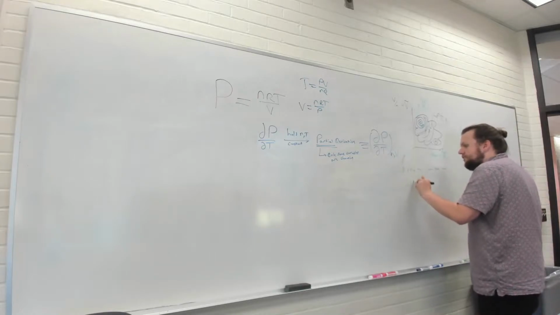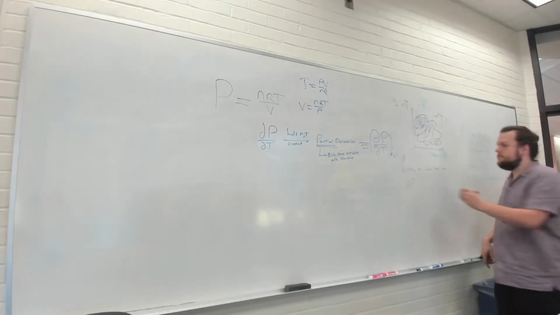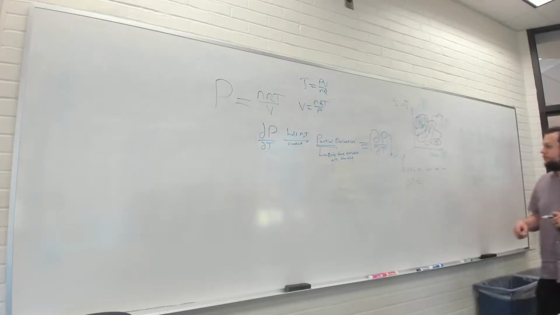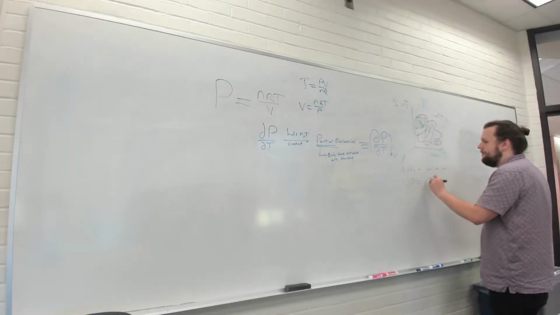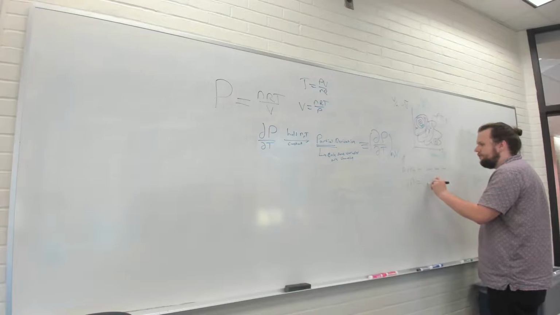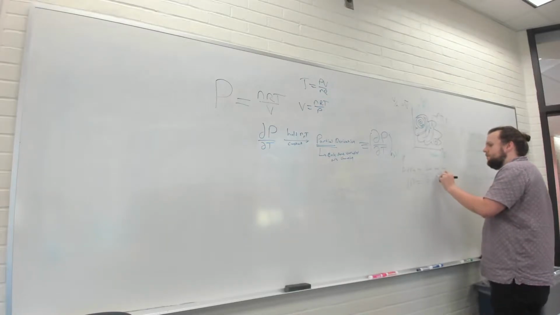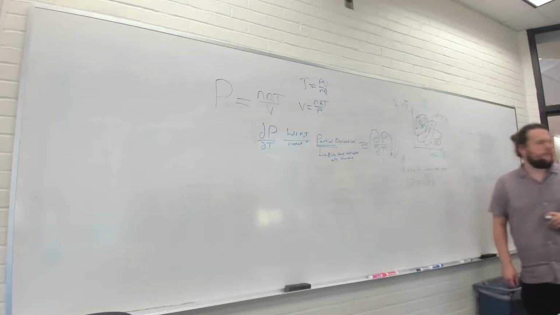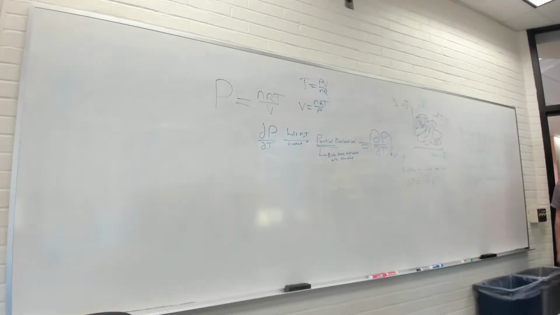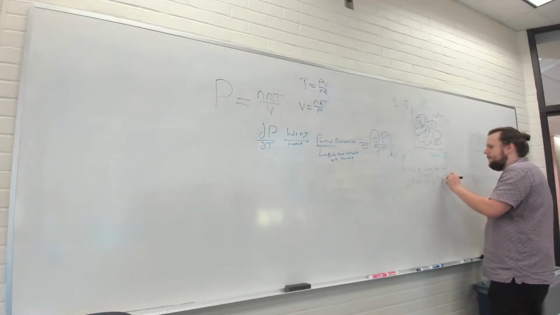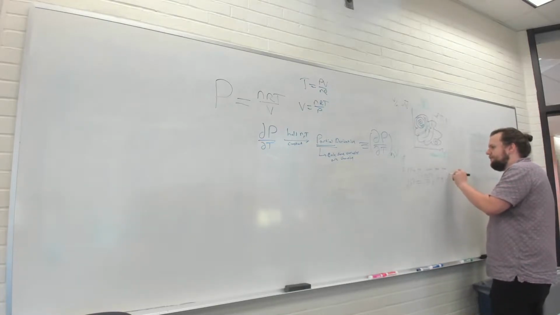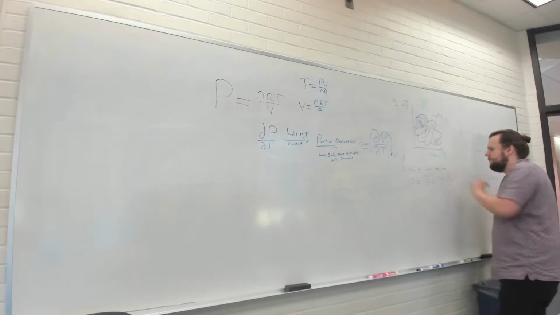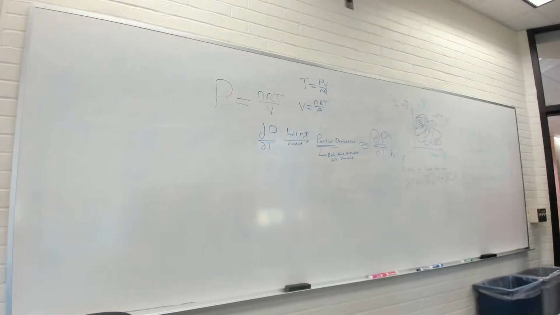So the change in the pressure, dP, we'll start with the temperature side, is going to be the partial derivative of the pressure with respect to temperature, holding volume constant, times the differential dT, plus the derivative of pressure with respect to volume, holding temperature constant, times dV.